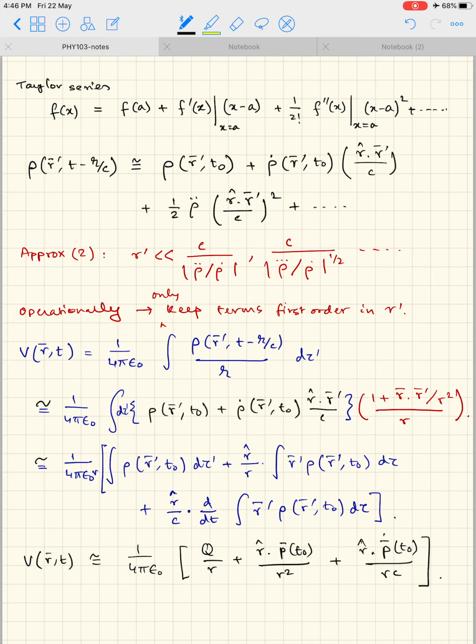Now this is the expression for V. So what is the expression for A? A of r,t is mu naught over 4 pi integral of J of r primed, t minus r over c, by r, d tau primed.